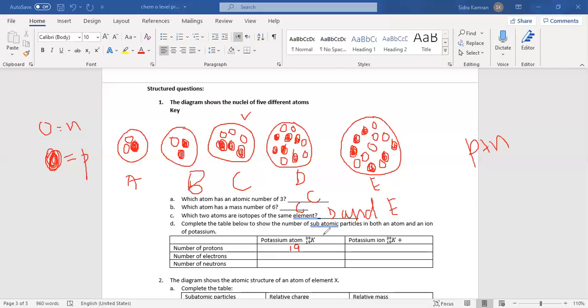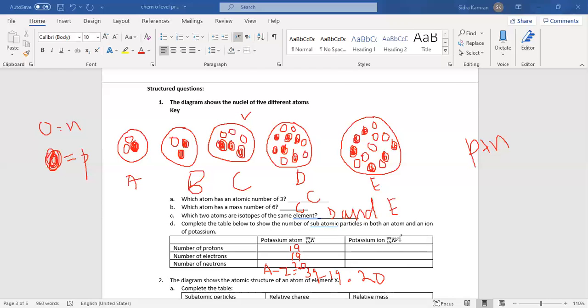For a neutral atom, the number of protons and electrons are the same, so 19 electrons. How can we calculate the number of neutrons? A minus Z gives the number of neutrons. A is the mass number, 39, and Z is the atomic number, 19. So 39 minus 19 equals 20 neutrons.